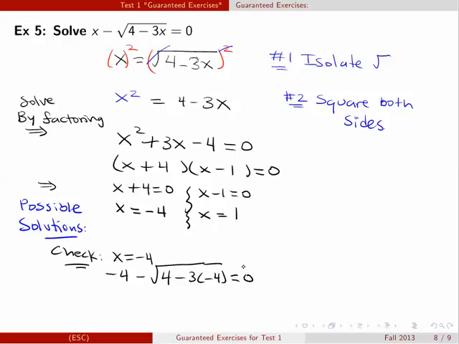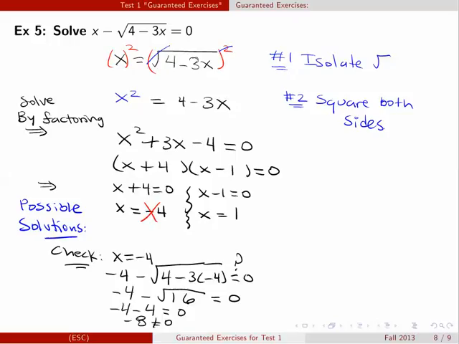So when we simplify, this is negative 4 minus, you should get 16 when you simplify. Okay, this is negative 4 minus negative 4. Okay, and so we're asking if this is equal to 0. You can immediately tell that this is negative 8. Negative 8 is not equal to 0, and so you have to get rid of negative 4 from the possible solutions. So x cannot be this.